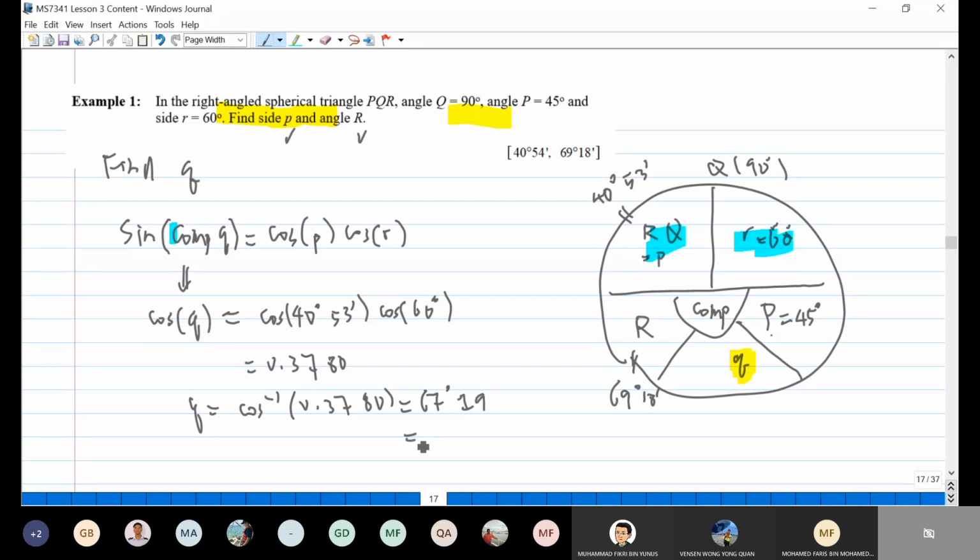So this converted to degrees and minutes is 67 degrees 47 minutes. And so this is Q. This tells you how to apply Napier's rule to solve the right angle spherical triangle.